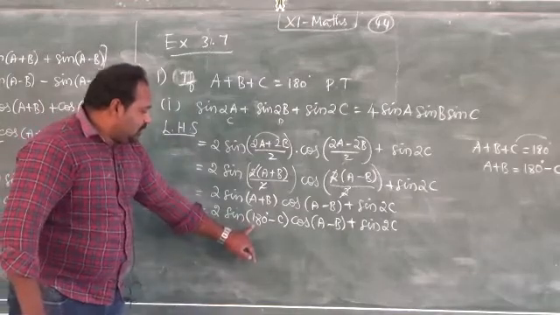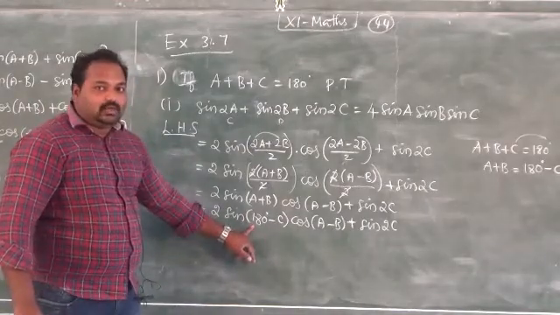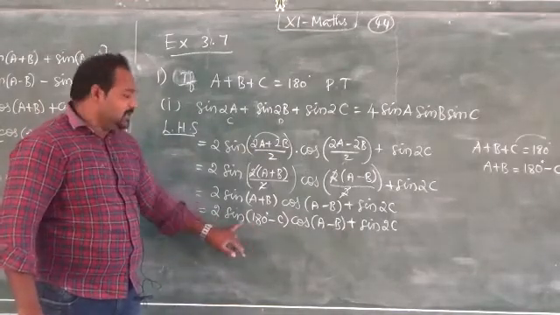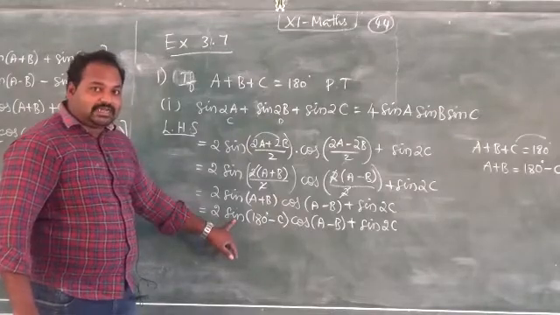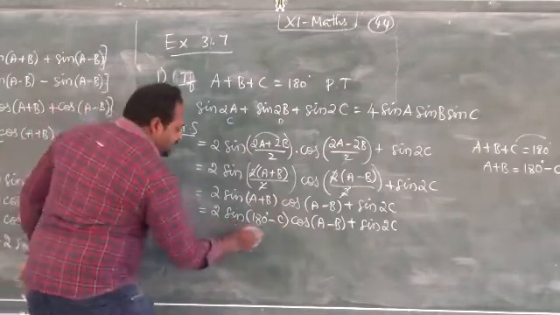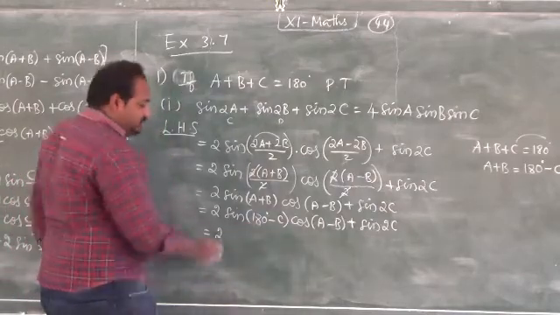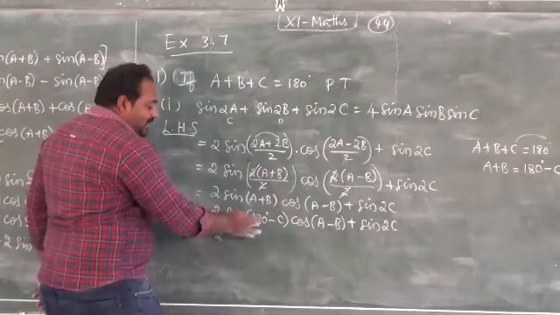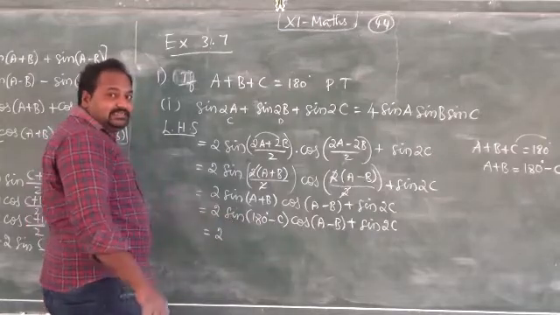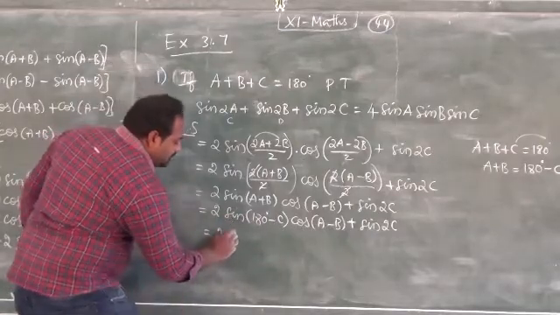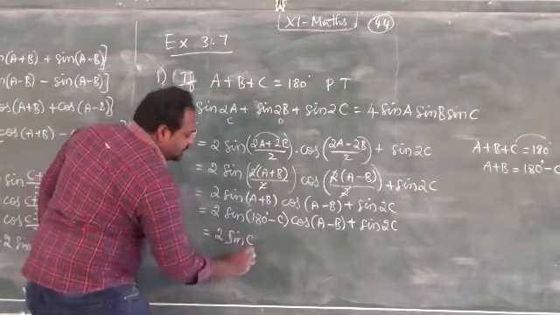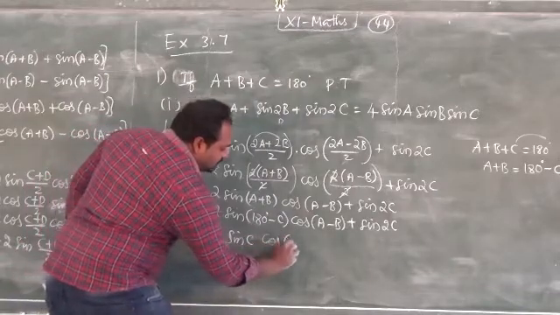Now sin of 180 minus C is in the second quadrant, and sine is always positive in the second quadrant. Because of 180, there is no change in the ratio, so it will be the same: sin C cos (A minus B).